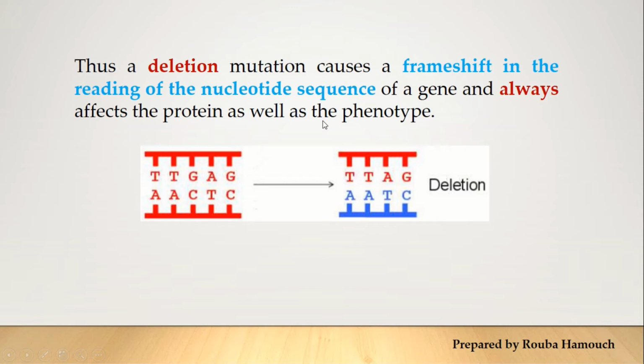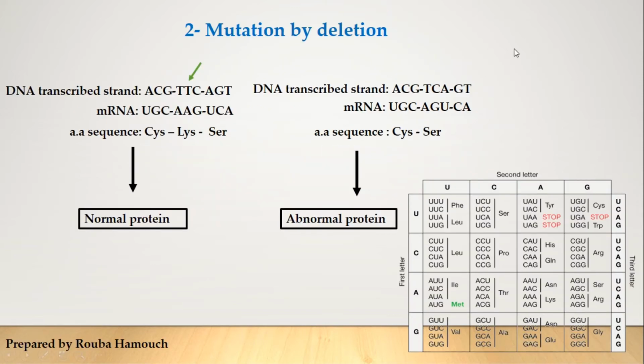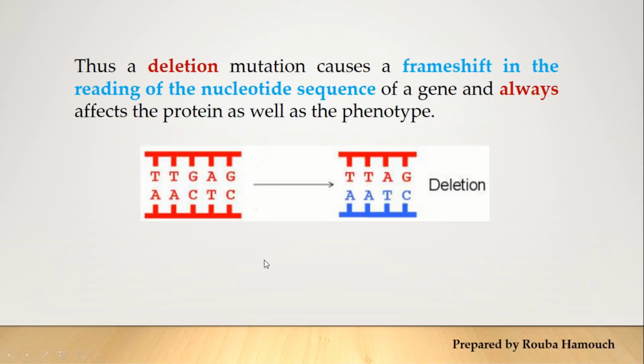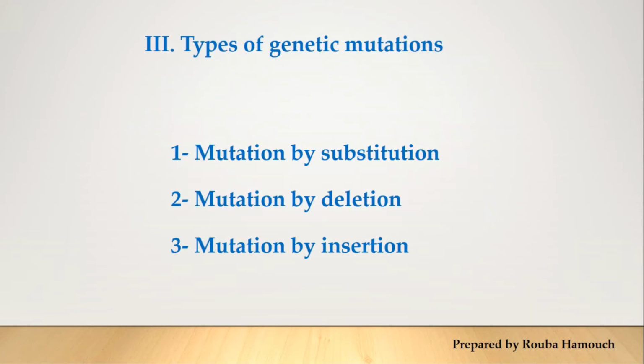The deletion mutation cannot be silent since it changes all the nucleotides that follow the site of mutation. As you can see here, all the nucleotides that follow the mutation site have changed. So the deletion is not silent.